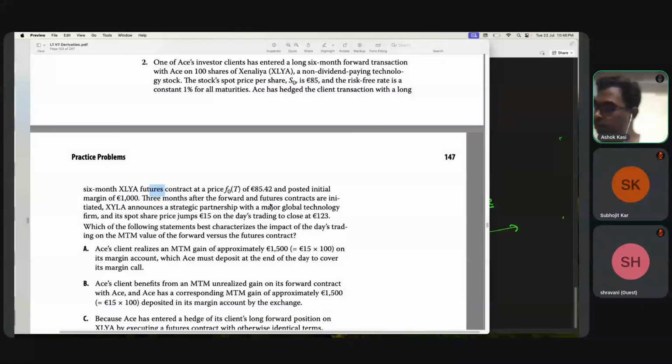3 months after the forward and futures contracts are initiated, Shenalia announces a strategic partnership with a major global technologies firm, and its spot share price jumps 15 euro on the day's trading to close at 123. When is it? No, 3 months after the contract.